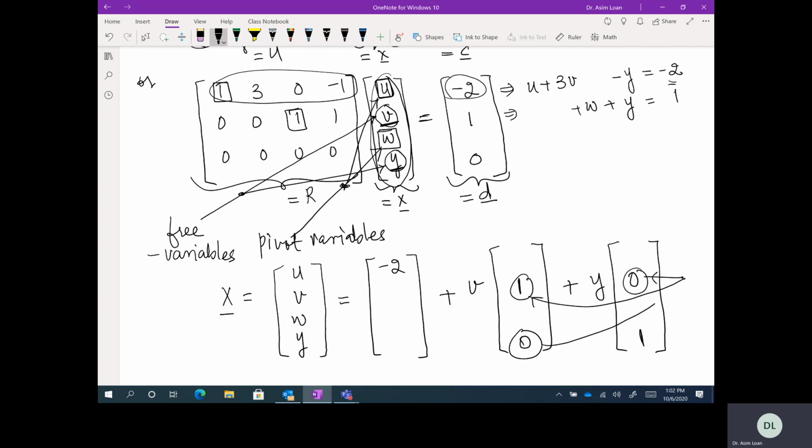Okay, maybe I write it here. These are the free variables.